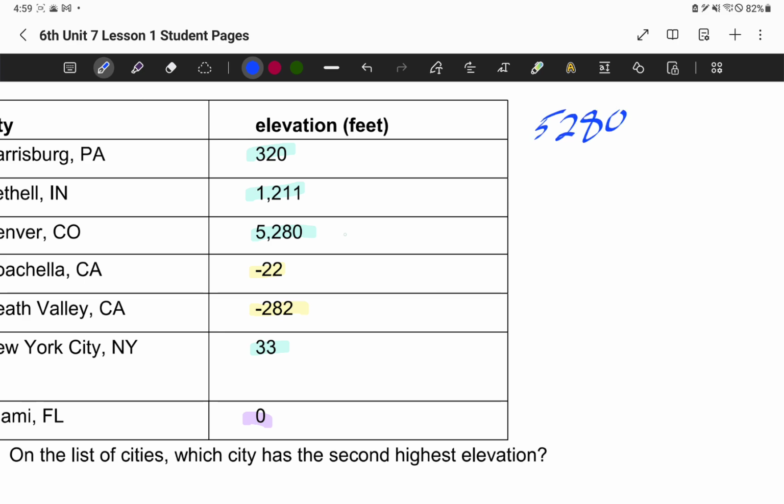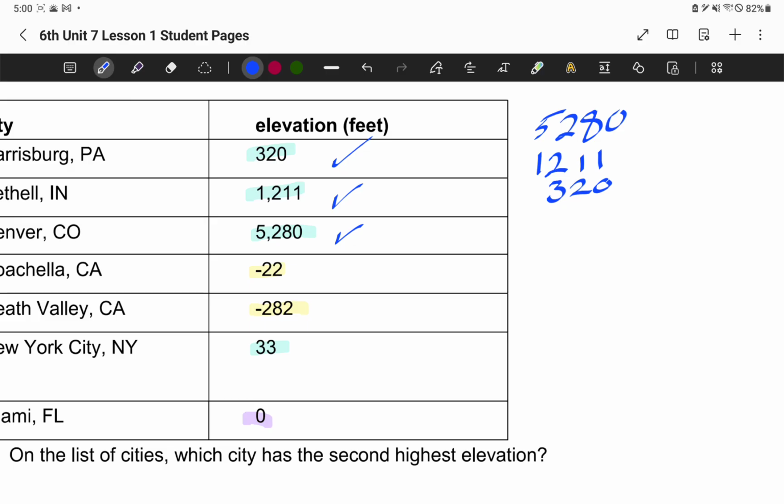So 5280 would be the biggest. Boom. Then we've got the only other one in the thousands is 1211. Then we've got 320. And now's where it gets interesting. These negatives. Okay? Because negative 282. 282 is the next biggest number, but it's negative.